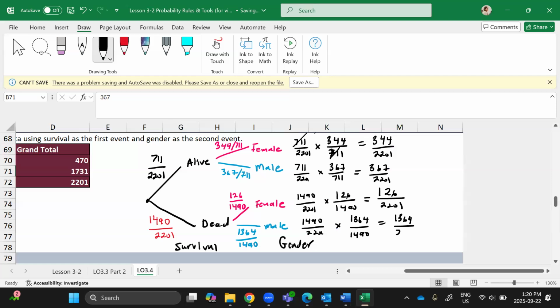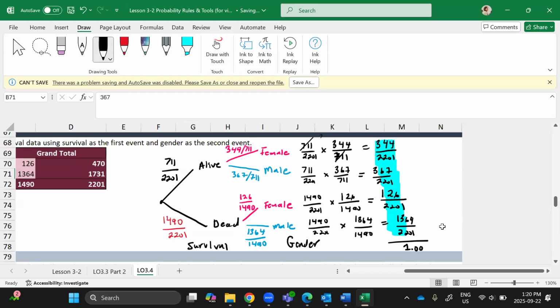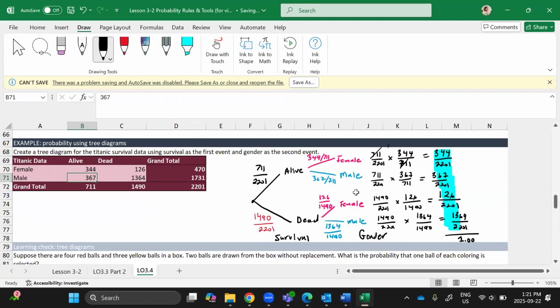And these individual joint probabilities, these four that we found, they should always add up to a grand total of 1 or 100% to make sure you have not missed anybody or any passengers.